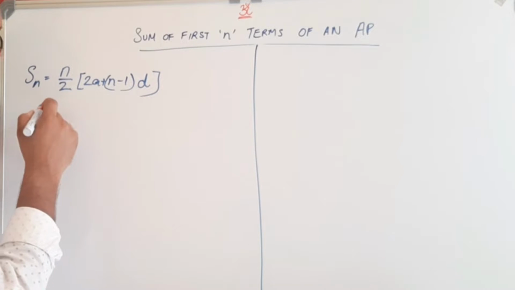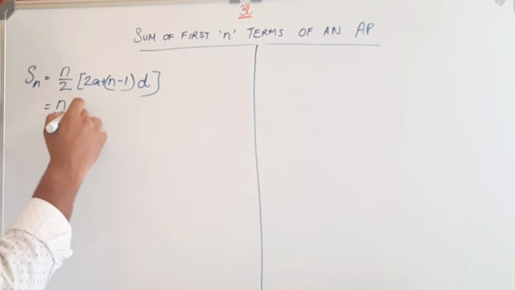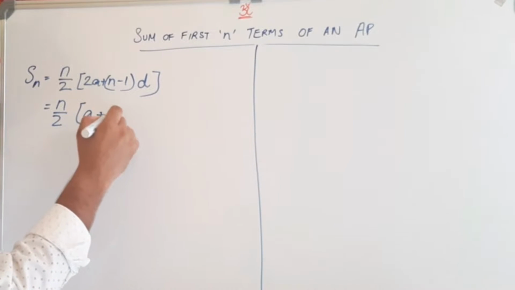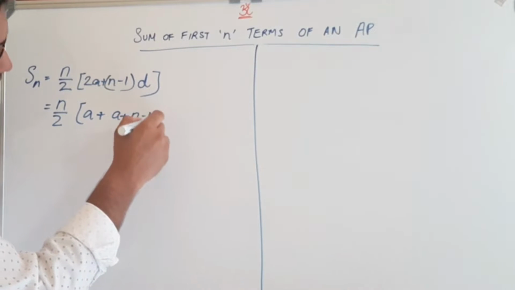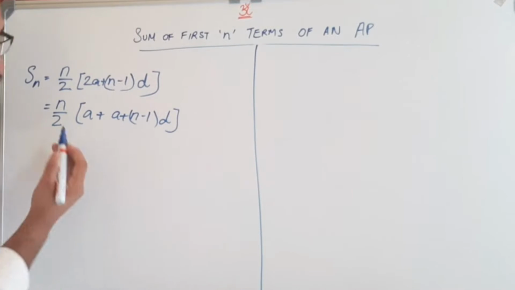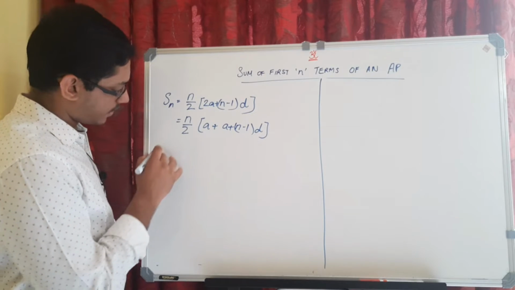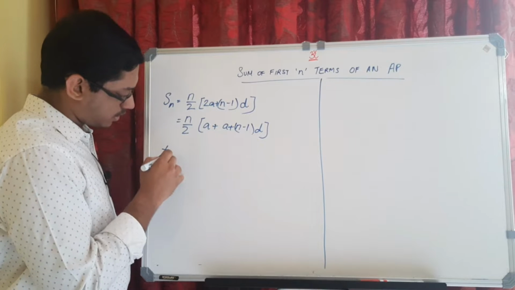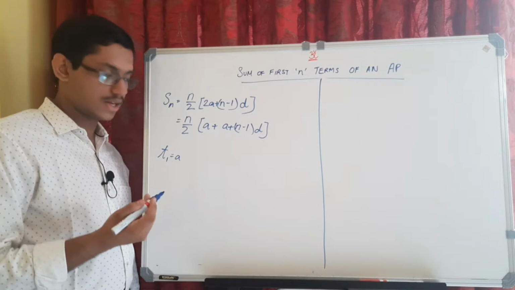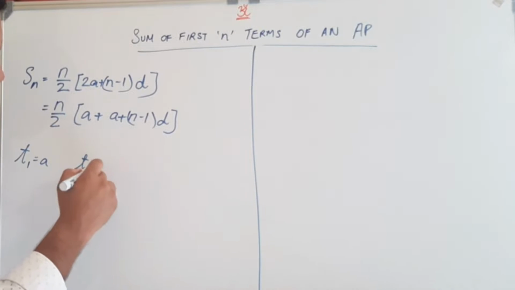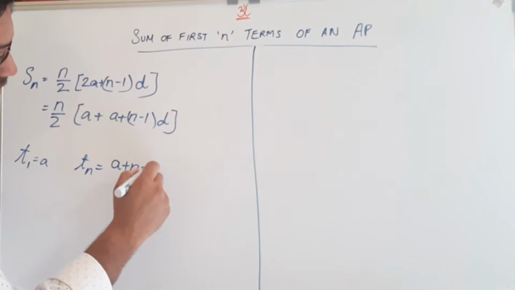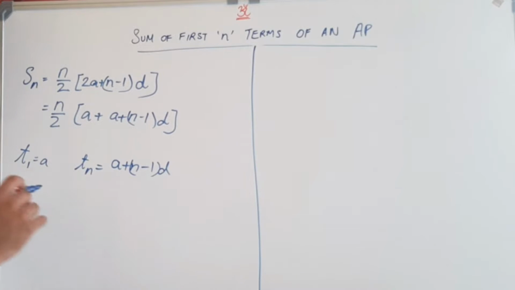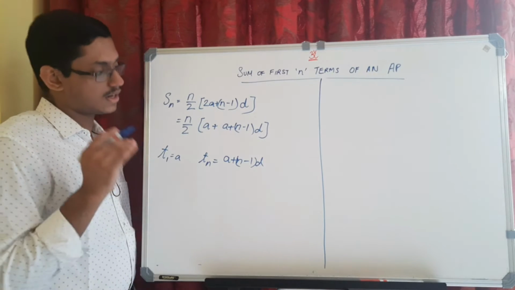Inside, we can write n by 2 times (a plus (a plus (n minus 1) d)). Now see, what is T1? T1 is a, the first term. What is Tn? It is a plus (n minus 1) d. Is it right? Yes, it is right.